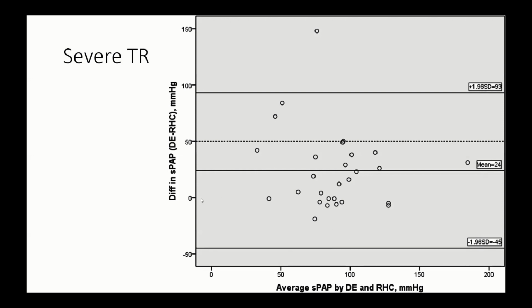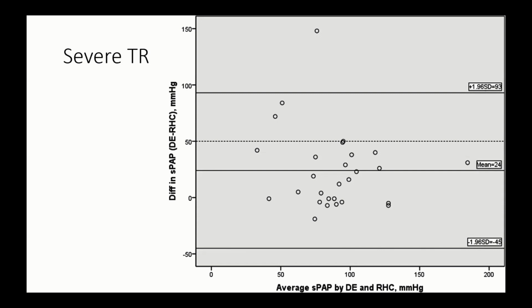If the two measurements compared equally or reported equal numbers, all the numbers would be on the 0 line. But it seems here that the average of the difference between the two measurements fell in this area, which had a mean of 24 millimeters of mercury.